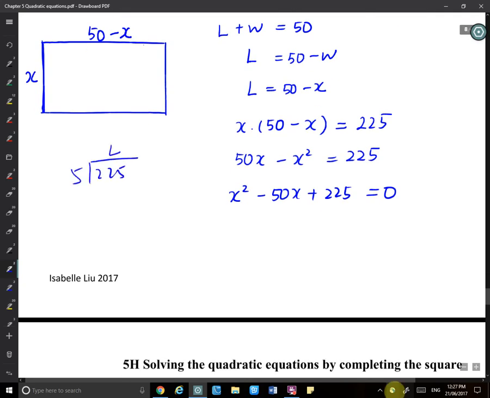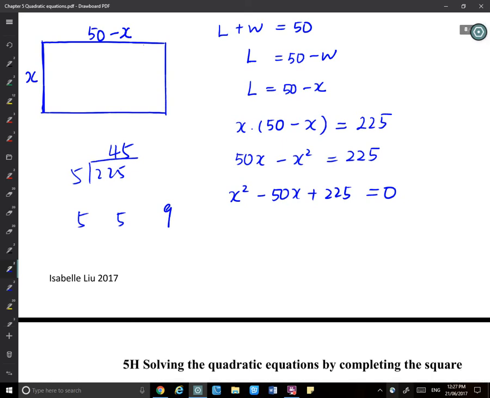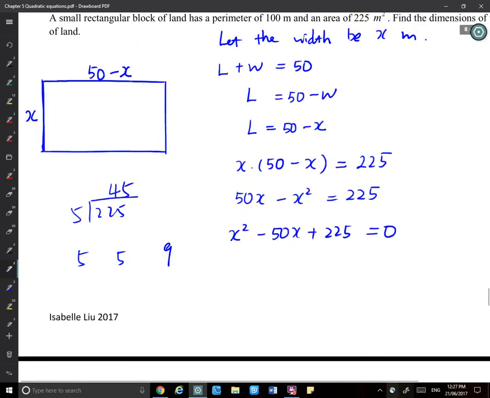225 divided by 5 is 45. You want to make a 50.